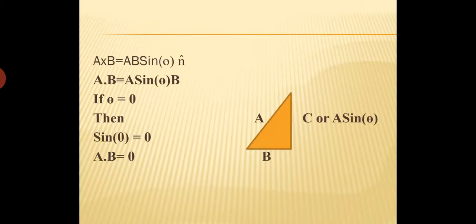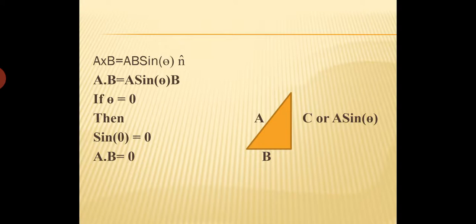Mathematically, it can be written as A cross B is equal to AB sine theta unit vector n. Here the unit vector n is used for the direction of the vector.